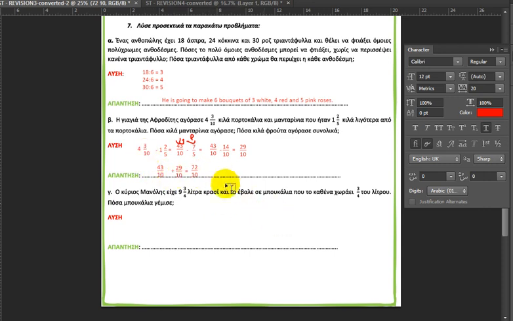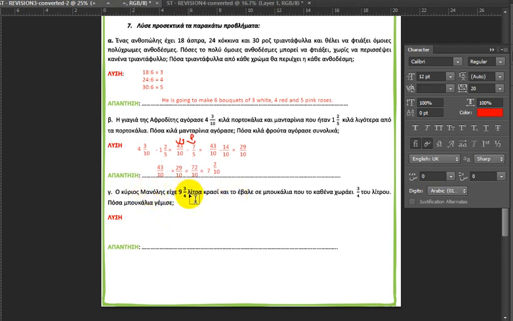And if you wanted to write it as a mixed fraction, you would say 72 divided by 10 makes 7, with a remainder of 2, and then the denominator stays the same, so tenths. So as a mixed fraction, it would be 7 and 2 tenths, if you wanted to.